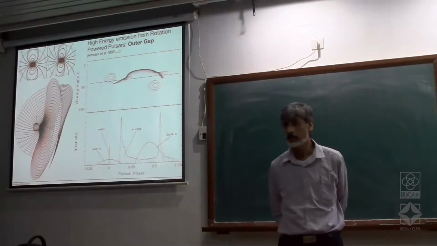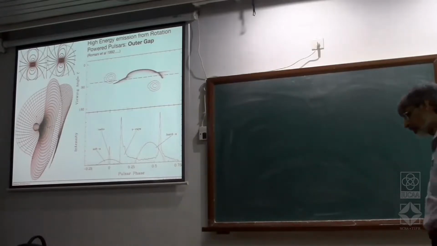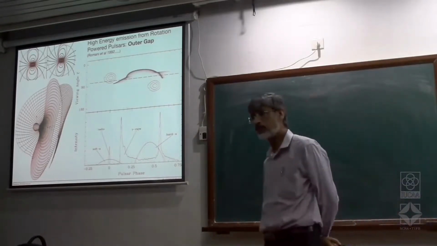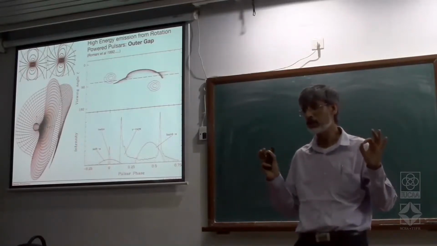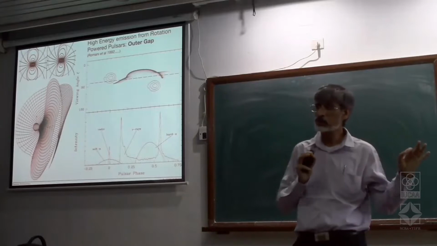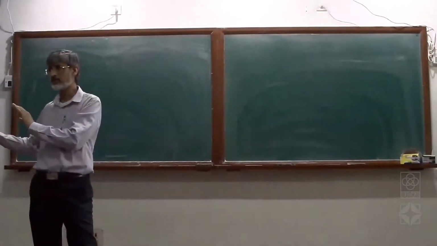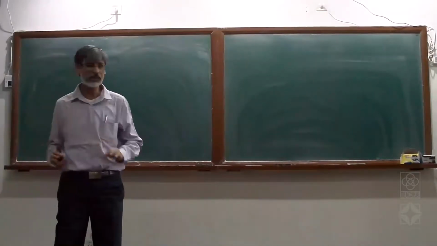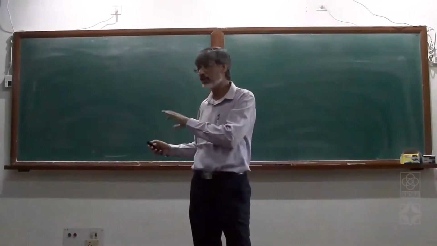Now, I mentioned this when I was talking about the global magnetospheric solutions, that in the current models, the magnetosphere is what is called a FIDO: force-free inside, dissipative outside the light cylinder. So most of the dissipation currently is attributed to outside the light cylinder.